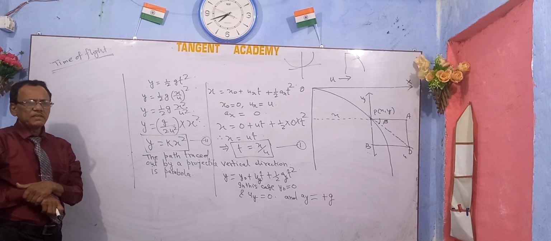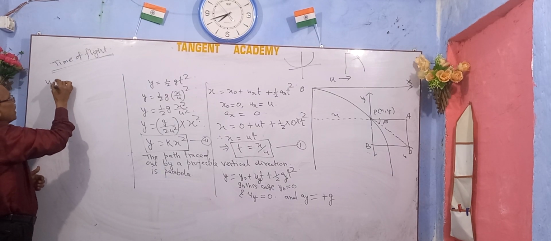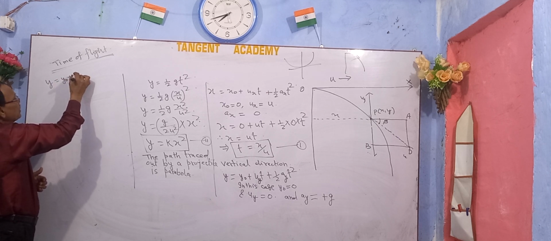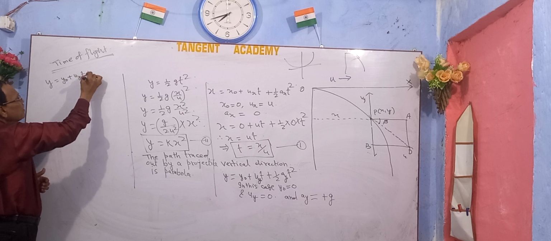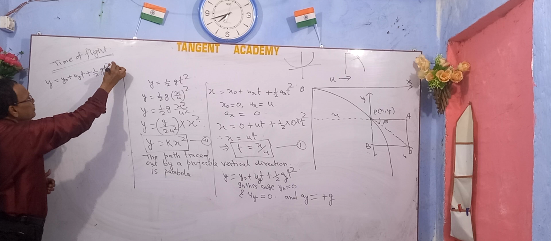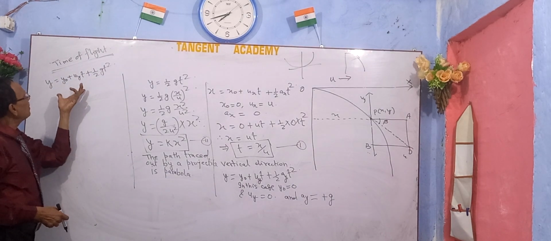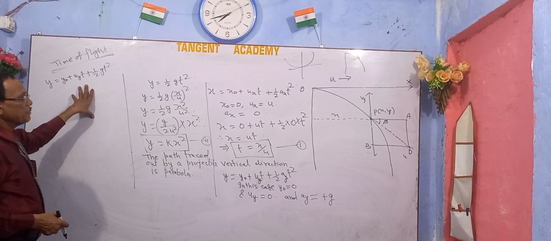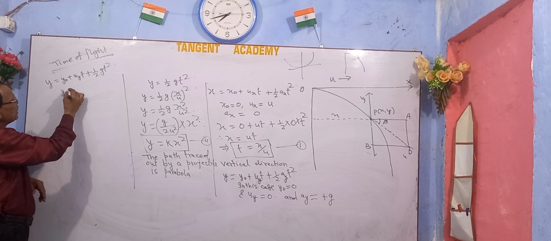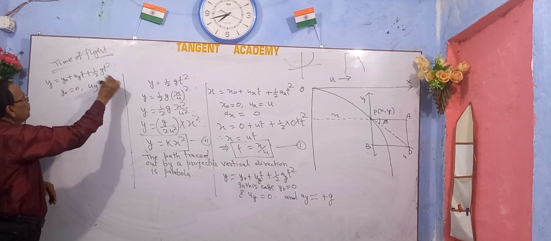As we know that y is equal to y naught plus uyt plus half gt square, from the equation of motion. Here y naught will be equal to 0 as well as uy is equal to 0, vertical motion.